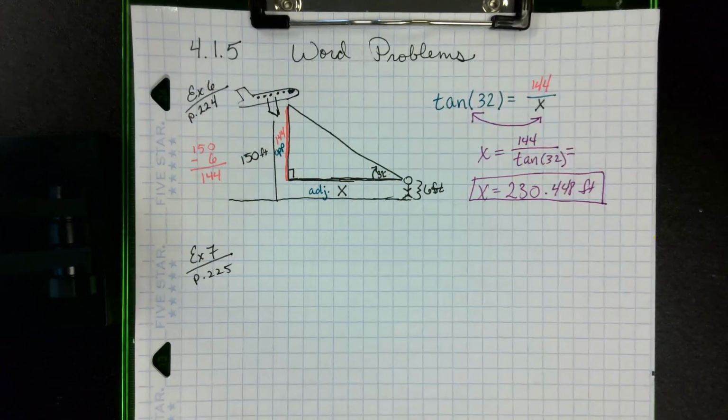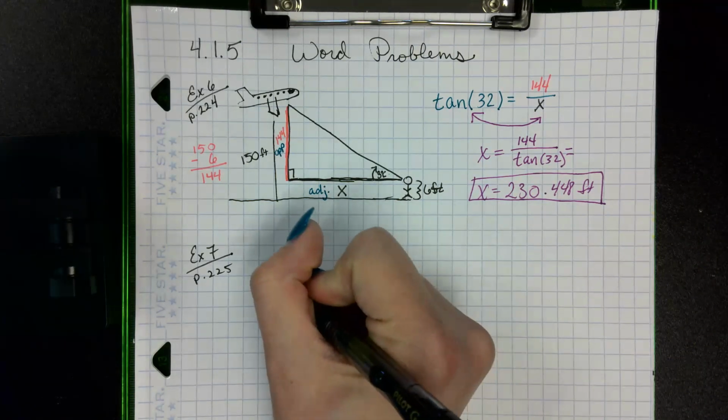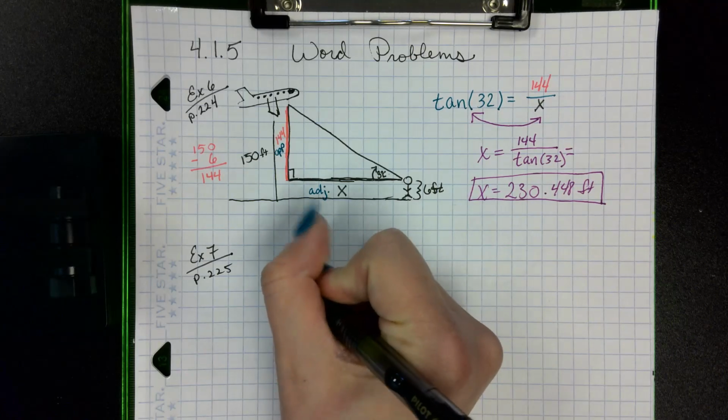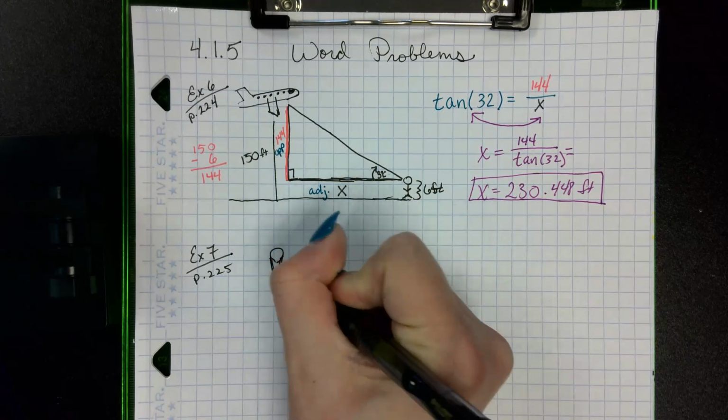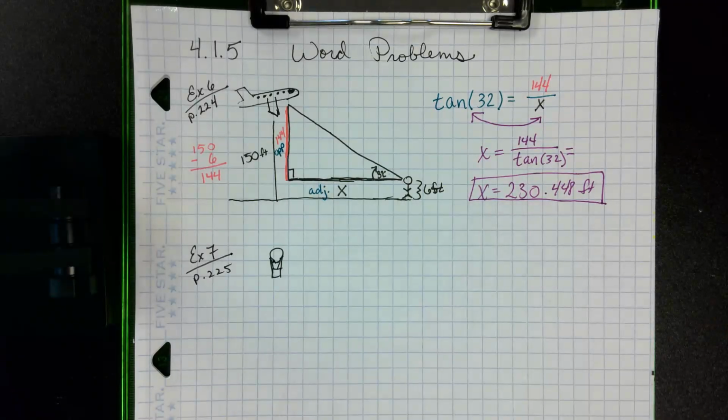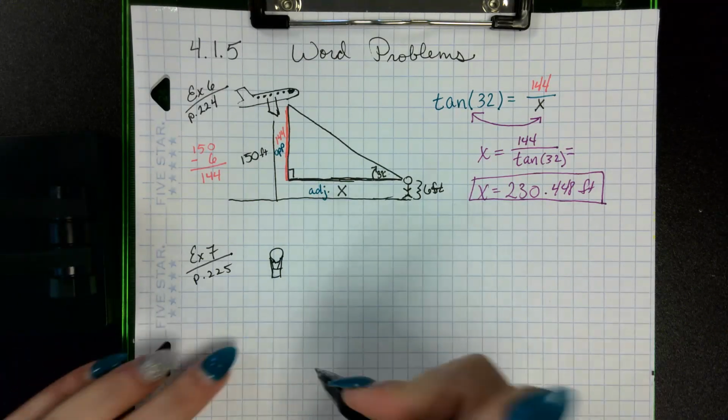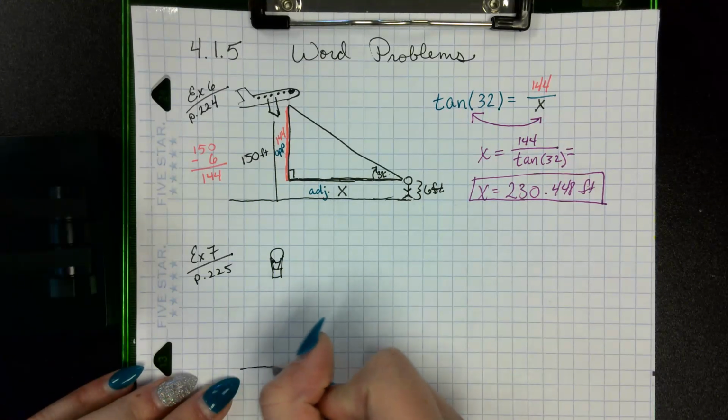All right, so we have to just set up a picture. We know our picture will involve right triangles. And we're in a hot air balloon this time, so it has a little basket. And then there's a balloon with some little strings. There we go. So there's the hot air balloon. It is above the ground, so here's the ground.